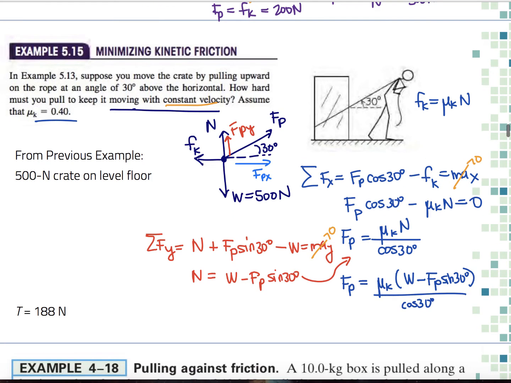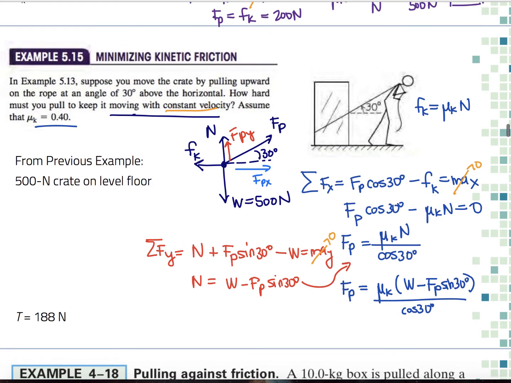Okay, so now we need to do some simplification. Oh boy. I'll leave the cosine 30 there. So we have force pull is equal to mu k over cosine 30 times W minus mu k over cosine 30 times Fp sine 30.